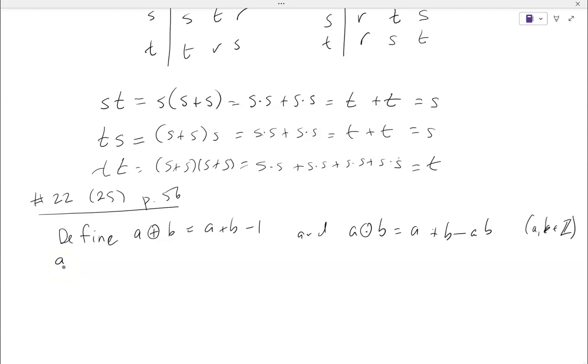If you want to show that A ⊕ (B ⊕ C) is the same thing as (A ⊕ B) ⊕ C. Well, B ⊕ C will be B plus C minus 1, right? We agree? What will A ⊕ (B plus C minus 1) be?